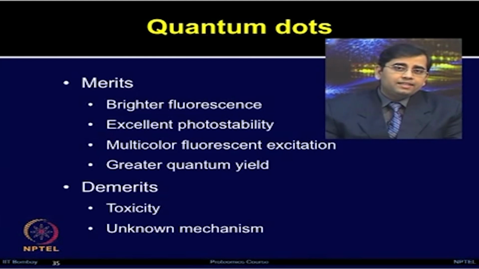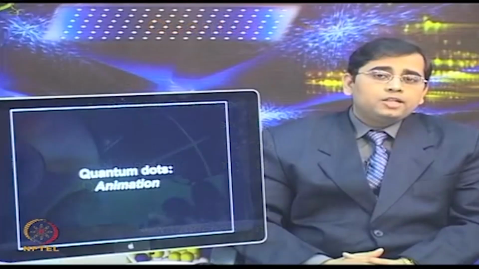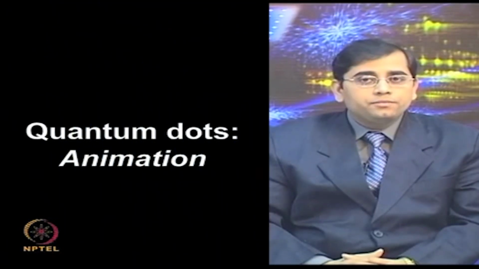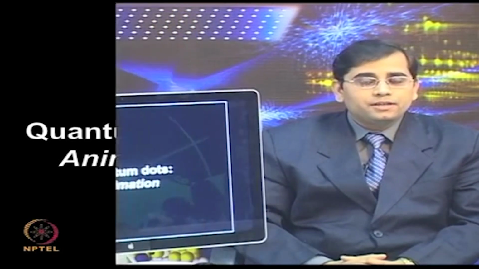However, despite the several benefits and applications for a variety of biological samples, its demerits include toxicity. So, the quantum dots have shown various applications, which we will discuss during the course some more time. Let us now look at this animation for the quantum dots to understand its functioning in a better way.